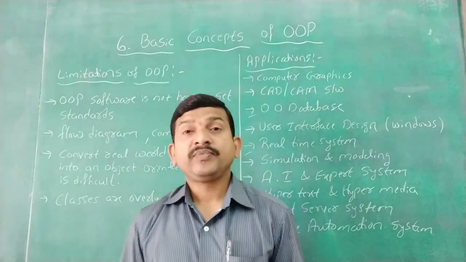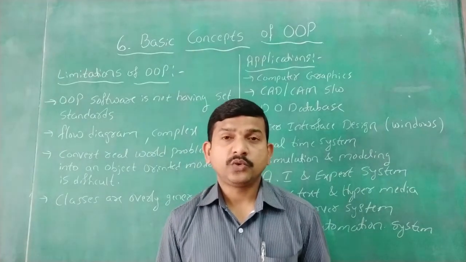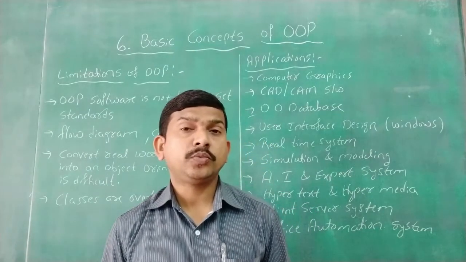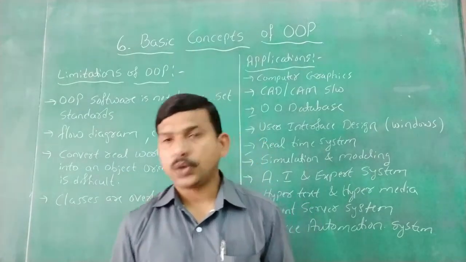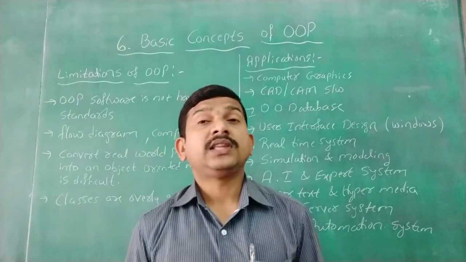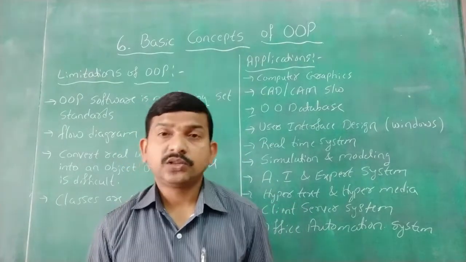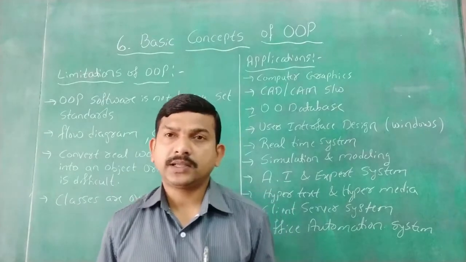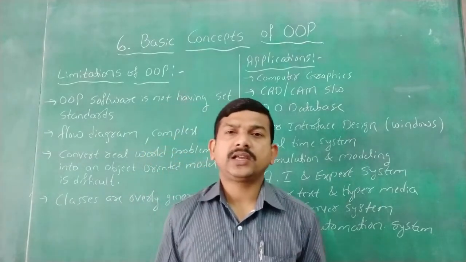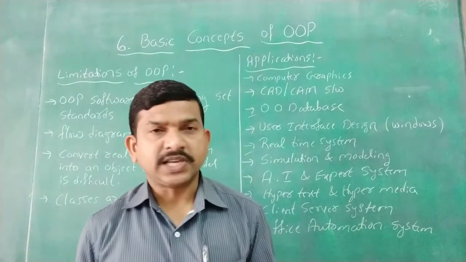We began with the definition of OOP. We first expanded it. What do you mean by OOP? Object-oriented programming. Then we gave the definition of OOP. In that definition we said it is a programming paradigm. Yes, it uses objects.